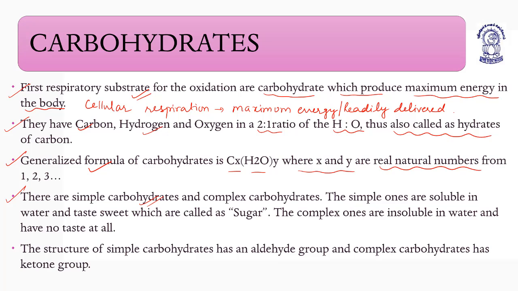They are simple carbohydrates and complex carbohydrates. The simple ones are soluble in water and sweet in taste, with a high sweetening index, and are called sugars. The complex ones are insoluble in water and have no taste at all.